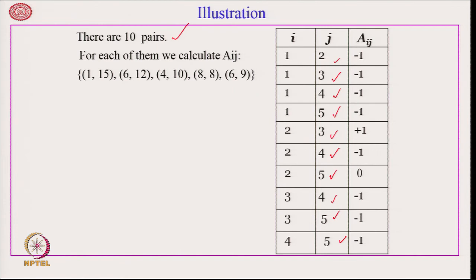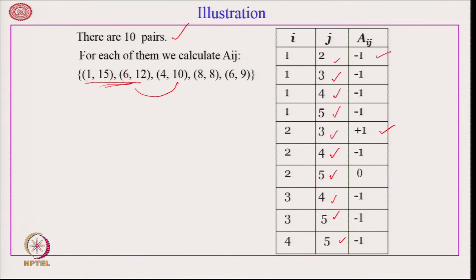So, we go pairwise. For pair 1 and 2, the x values are 1 and 6, and the y values are 15 and 12. Therefore, this is a discordant pair, and the value of A_ij is equal to minus 1. Similarly, you can calculate for all others. Let us just check the pair 2 and 3. It is (6, 12) and (4, 10).